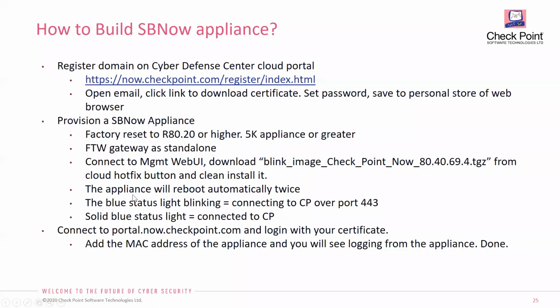There are some CLI commands you can run as well to verify that the tunnel is up to Check Point on the policy. And then at that point, you just connect back to the management server. Here, with this link, you'd log in with your certificate, go to the Sentry section, and add the MAC address of the appliance. That's what will tie the appliance to the cloud domain that you've dictated.